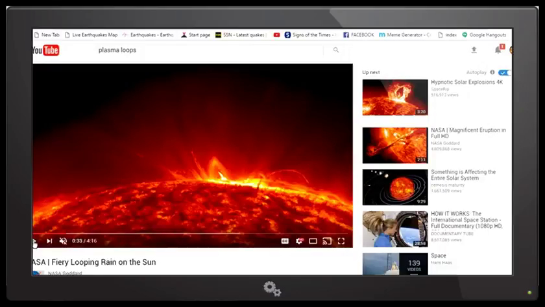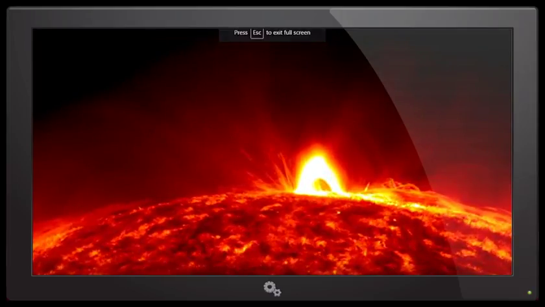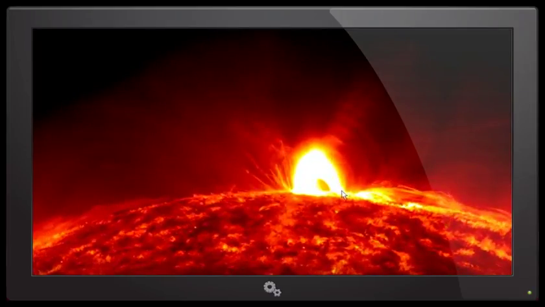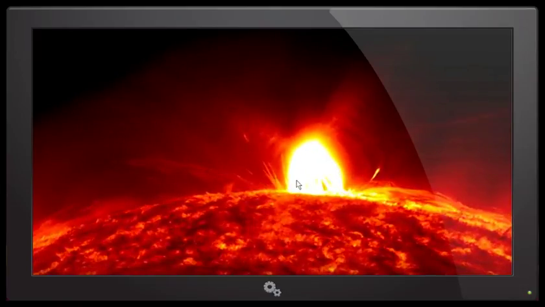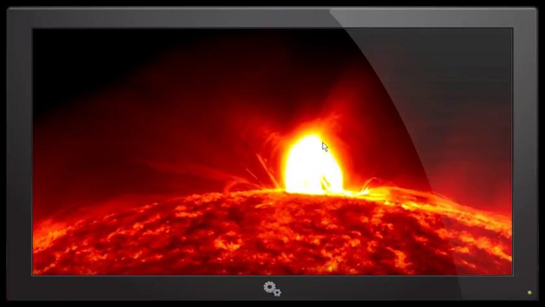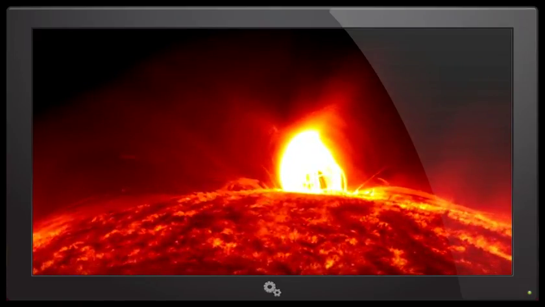Now, a lot of this activity is normal to our star, but let's take a look at these plasma loops. I'm going to blow this up for you because it is absolutely spectacular to watch. Now what you're seeing is what she is referring to in her report, these very large plasma loops as they extrude from the sun. Very spectacular to watch.